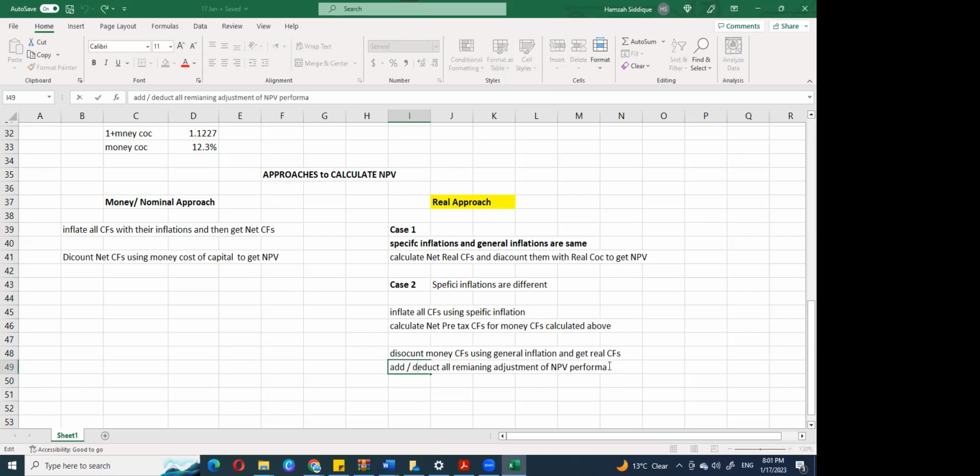All remaining adjustments to get net real cash flows. Now, discount the cash flows to get NPV. Note it down, I'll explain with an example. Right now, I'm explaining the steps only. Note it down, please.